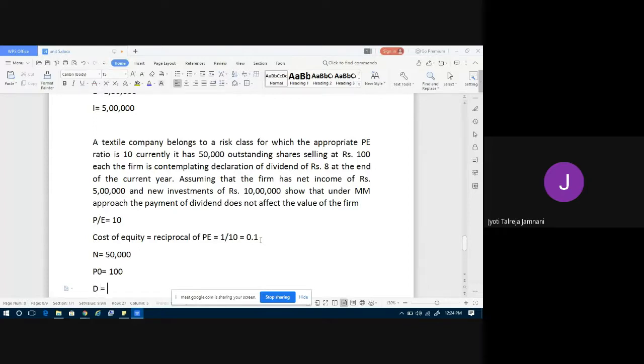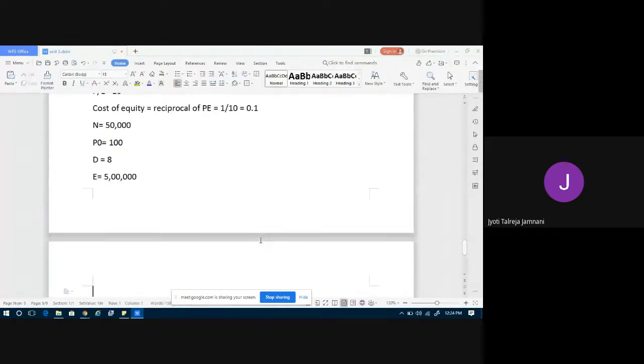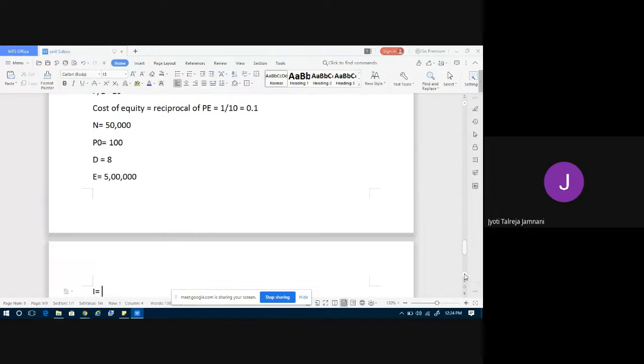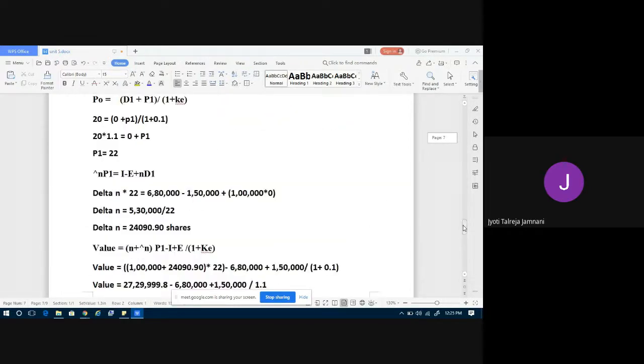Assuming that the firm has net income of 5 lakhs, so its earnings is 5 lakh, and new investment is 10 lakhs. Show that under approach, the payment of dividend does not affect the value of the firm. So investment is 10 lakh. Now we'll use all the three formulas and find that it doesn't affect.